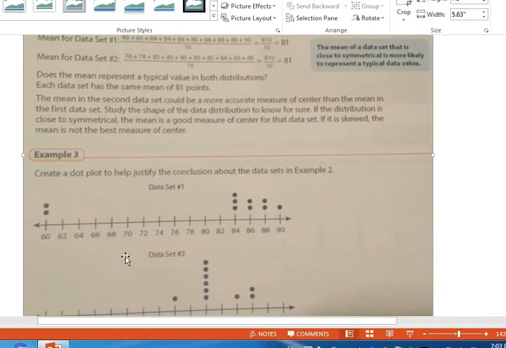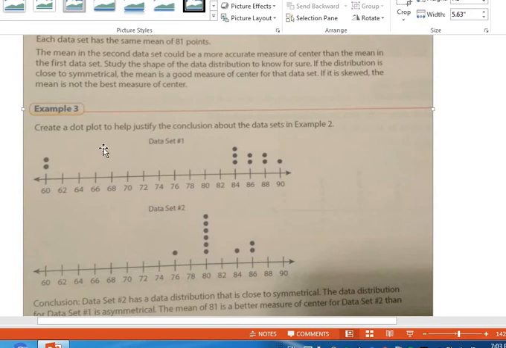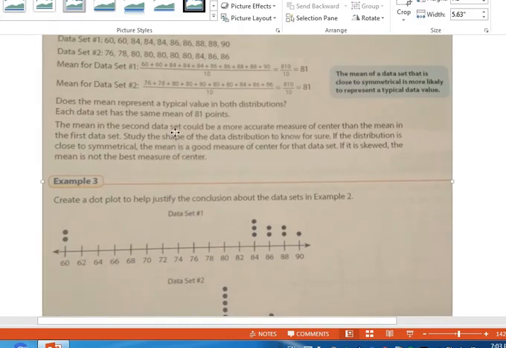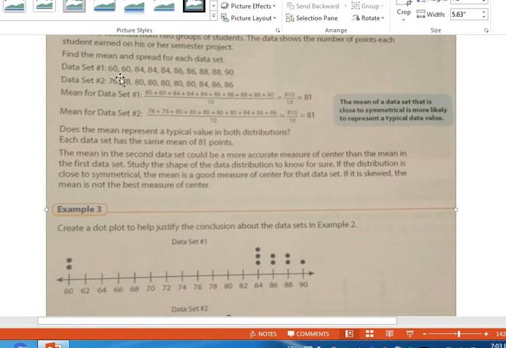Example 3. Create a dot plot to help justify the conclusion about the data sets in example 2. So here I have the dot plot from 60 to 90. Can you see from 60 to 90 here? Because this is the interval that I have. 60 is repeated 2 times, 84 is repeated 3 times, 86 is repeated 2 times, and 90 is repeated just 1 time.